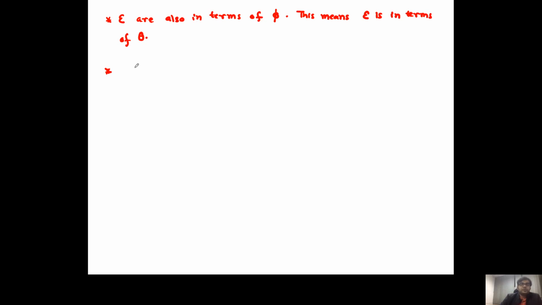So unknown phi implies unknown theta. And then if we know theta, this implies we know phi.